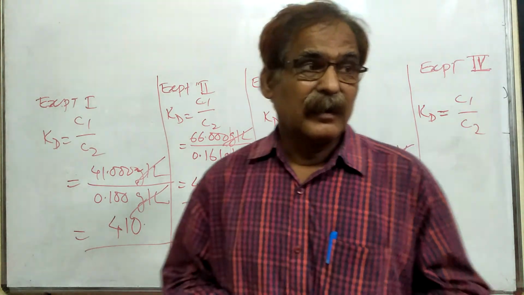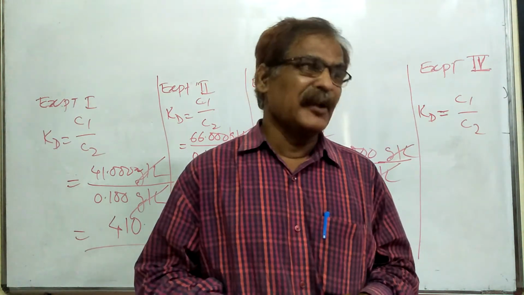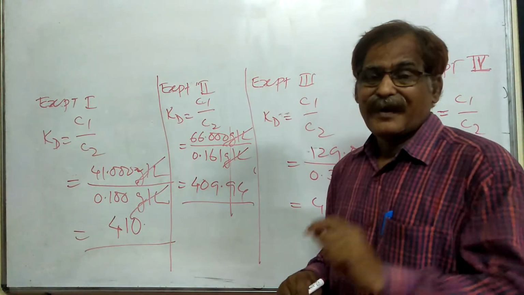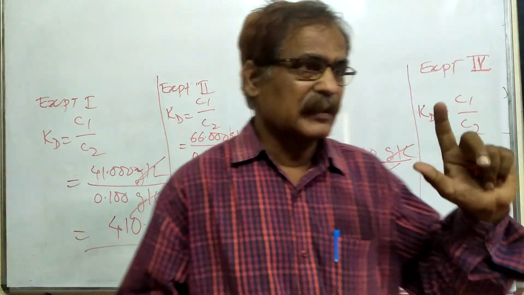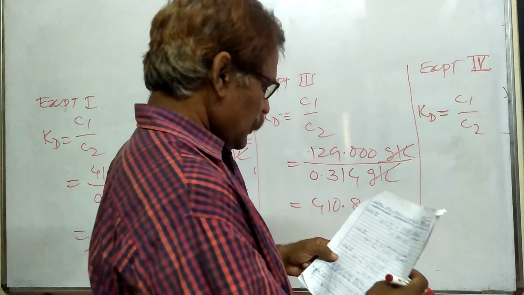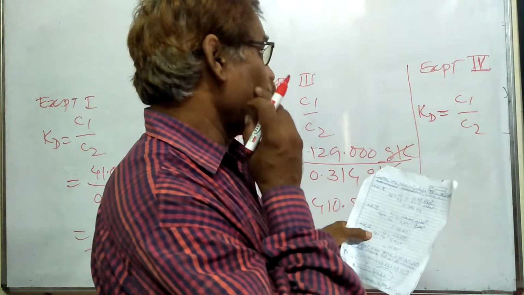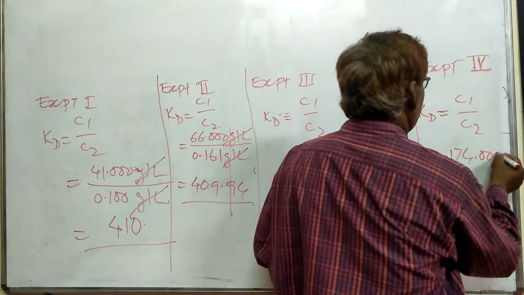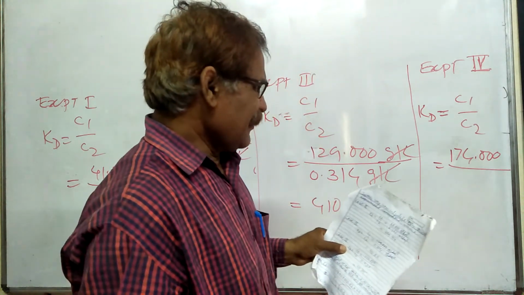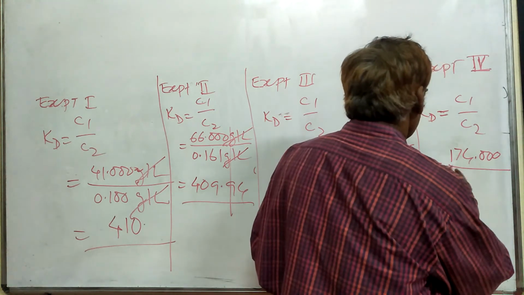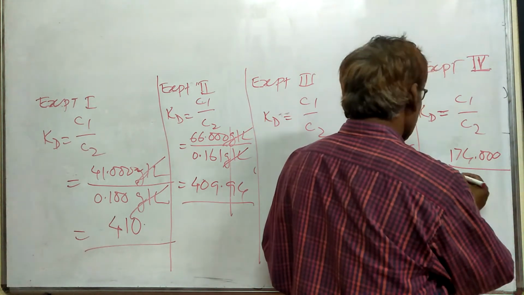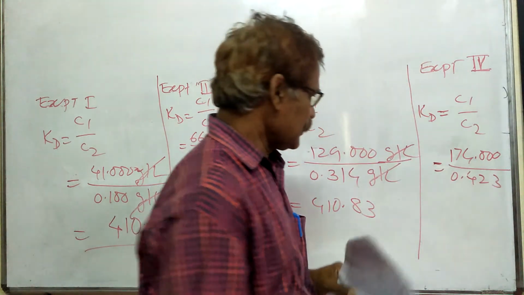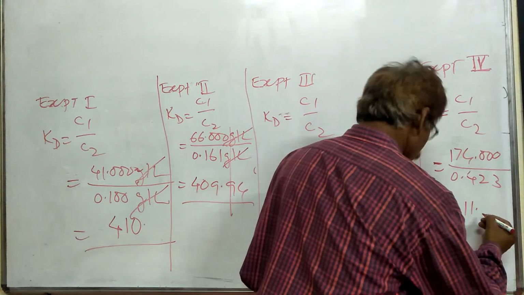We know when the solute under consideration exists as normal molecules in both the solvents, at that time the ratio C1 upon C2 is always constant. So let us calculate the partition coefficient in experiment number 4. The concentration of iodine in the organic layer is 174.00 grams per liter, and the concentration of iodine in water is 0.423 grams per liter. So that unit cancels, and we get 411.35.